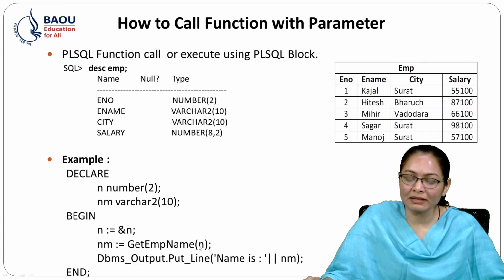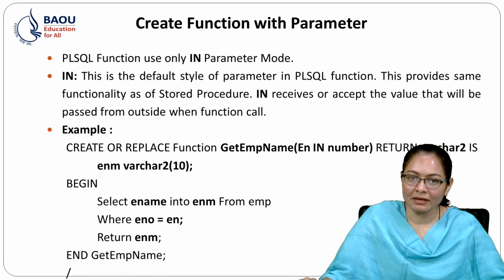The function accepts this 5 and returns the name, and then this name is displayed by this statement. So we pass the employee number, and this function returns the employee name, which is stored in the nm variable. Here the employee number is accepted by the en variable, which is matched with the employee table column e number, and then it returns the name into the enm variable.